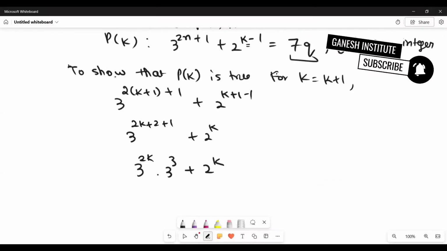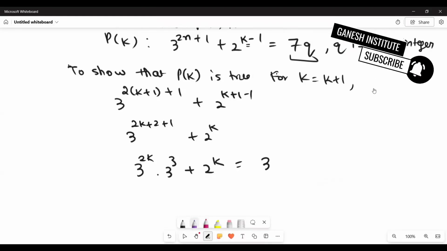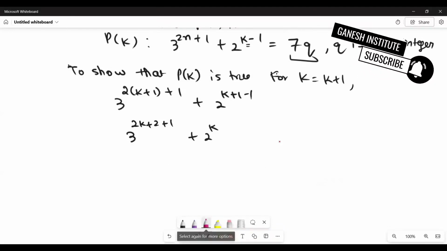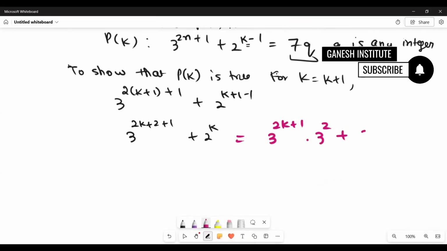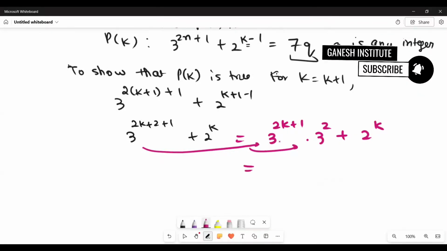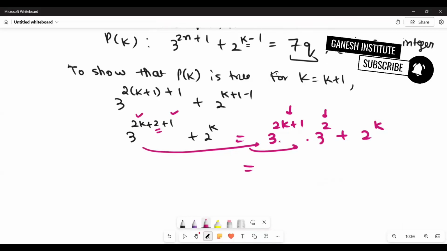If I keep it as 2k plus 1 and take out this, because the base is the same and powers get added, you can separate them this way. Is this fine? I have kept this one as it is and separated the 2. If you do reverse engineering, it will give you the same value.